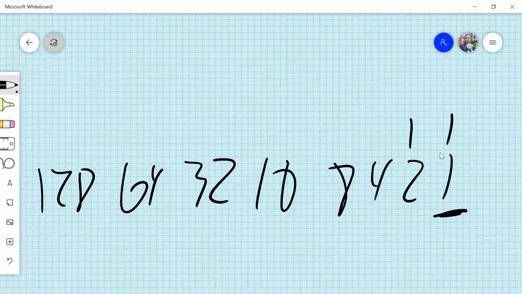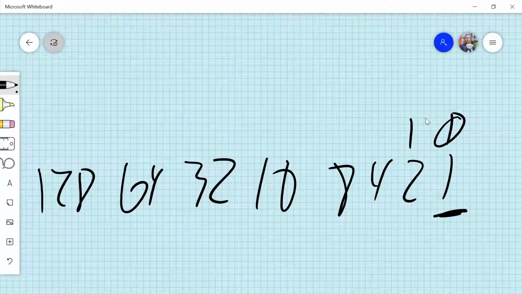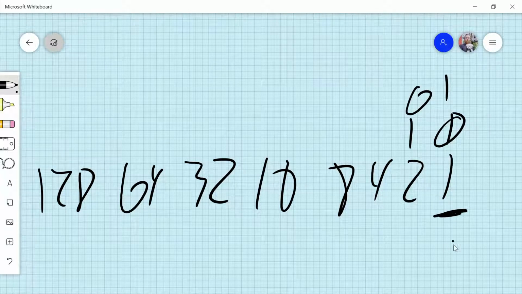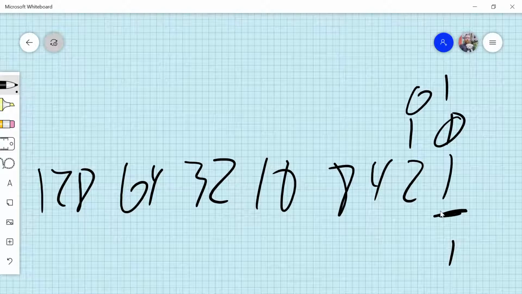But if I were to go 1 and 0, it equals 2. If I go 0, 1, it equals 1. Where we start when we start counting is kind of irrelevant in the big sense. It's just how we were taught to deal with arithmetic.